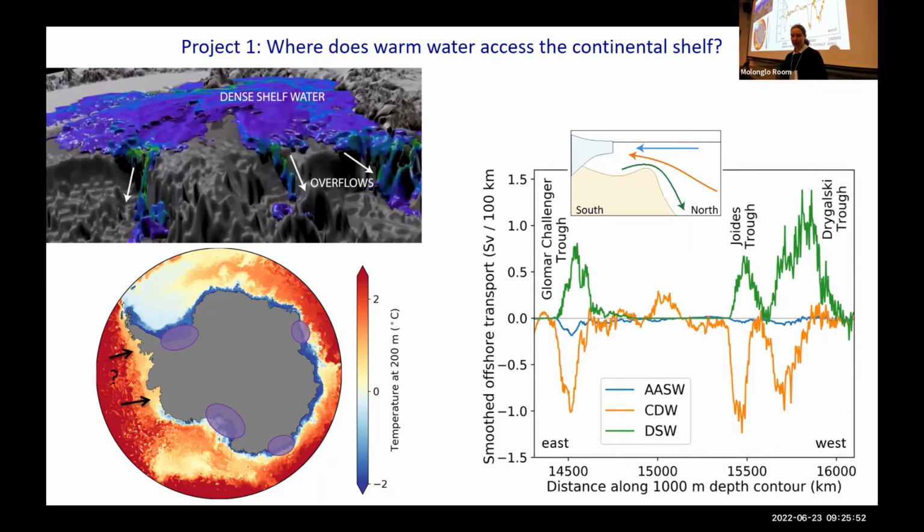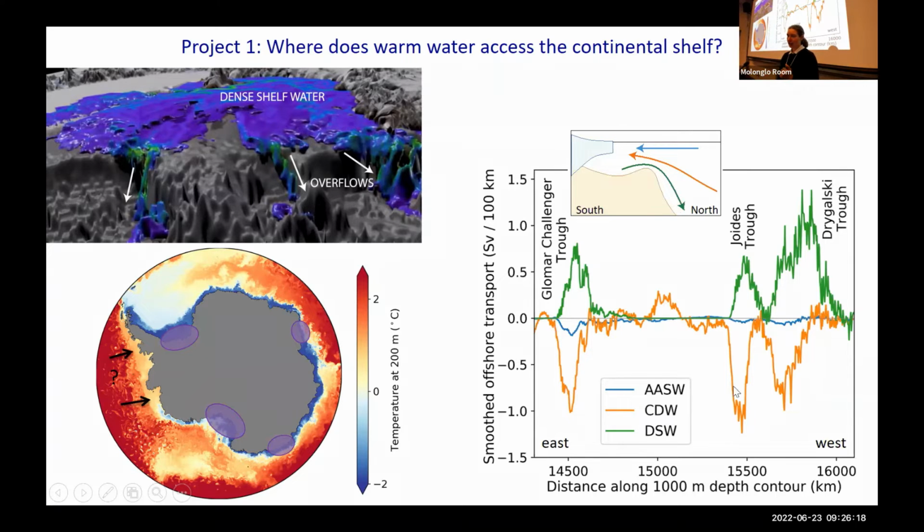And what we found, so this is a zoom in, this is the same region we saw in the movie before. This is the Ross Sea, where there's these 3 overflows that come down from three troughs. Surprisingly, this plot is showing where there's green, that's northward flow off the continental shelf, so that's these overflows. You can see those 3 bumps correspond to these 3 overflows.